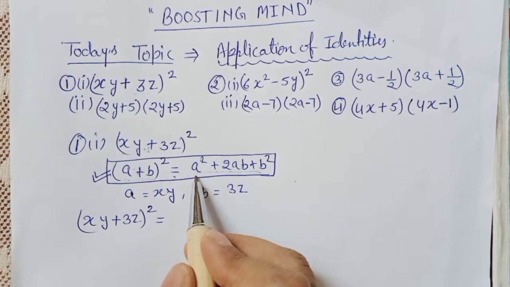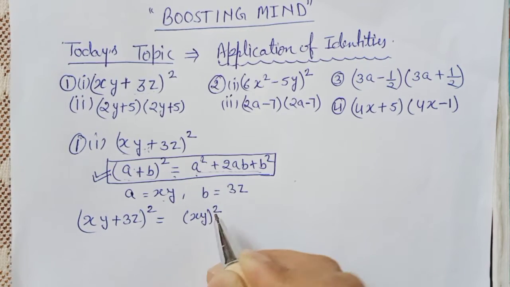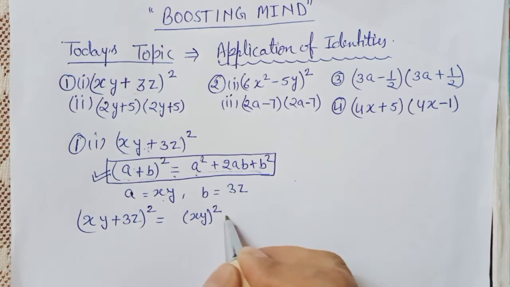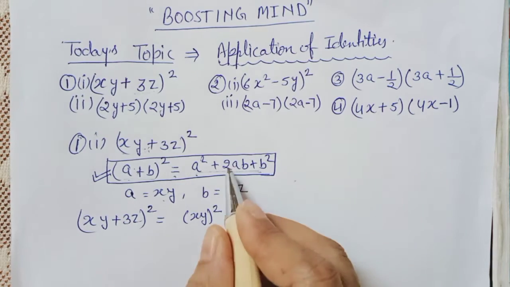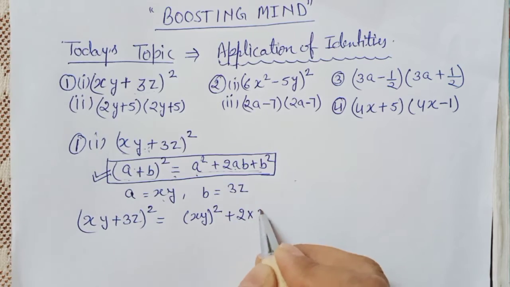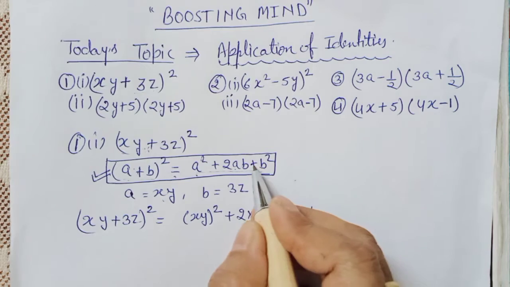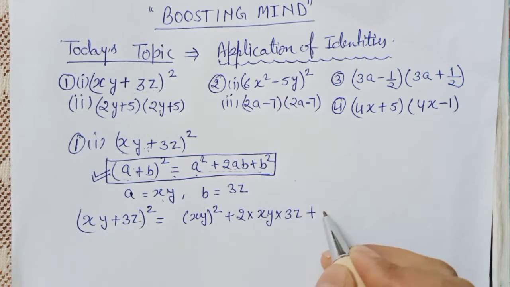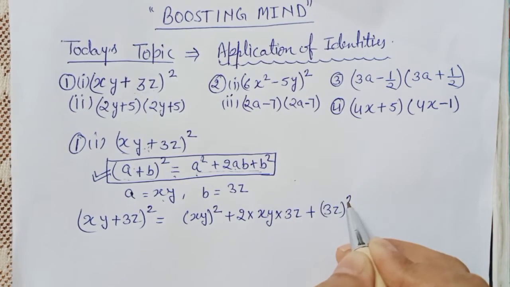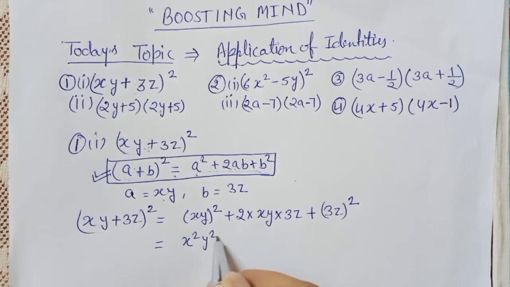Your identity is a square, a is xy. Then we write (xy) square plus 2. 2 is in the formula, so we have to write 2. Then a is xy and b is 3z, plus b square. b is 3z and square. When we open this bracket, we have to square all these terms: x square y square.